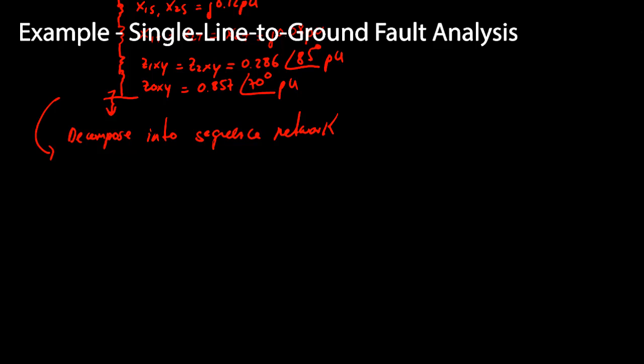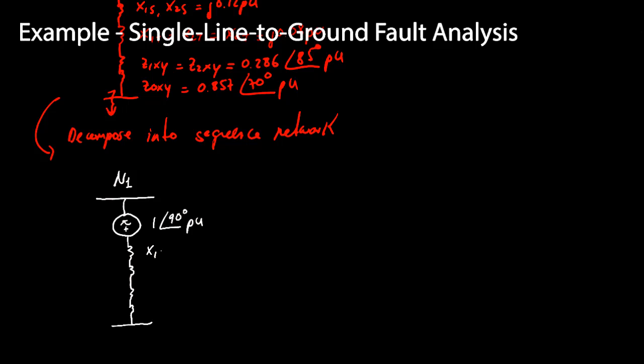So N1, again, we're going to have the positive sequence network over here. We have the neutral that, of course, we're going to have a positive sequence voltage source. So we have our voltage source over here, which is at 1∠90 degrees per unit. And then again, we have the system impedance, transformer impedance, and feeder impedance over here.